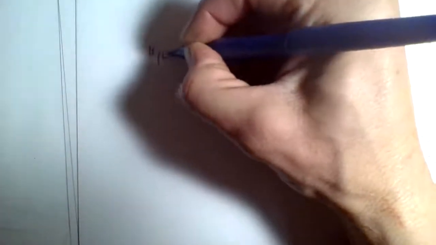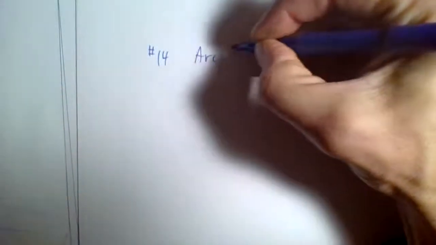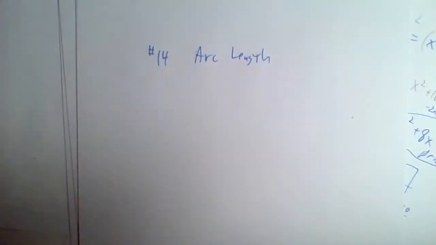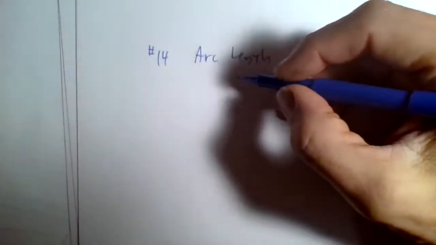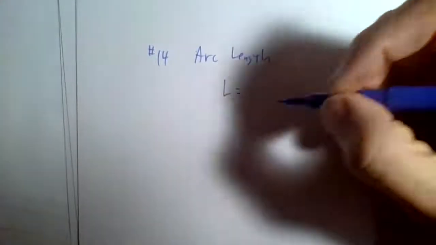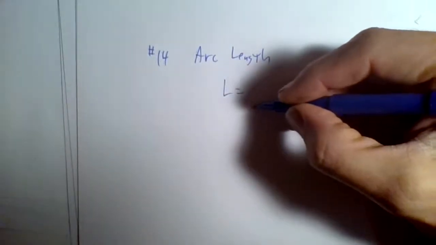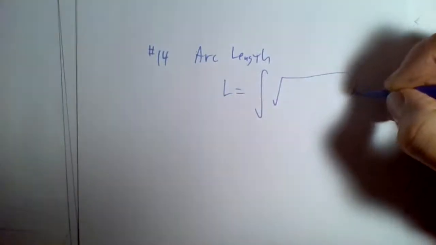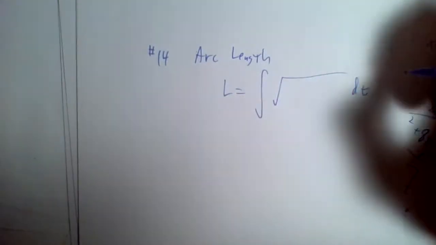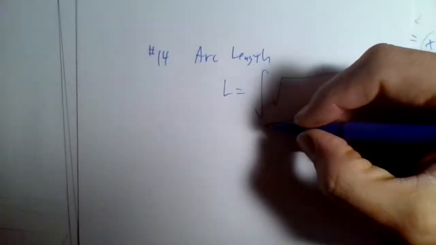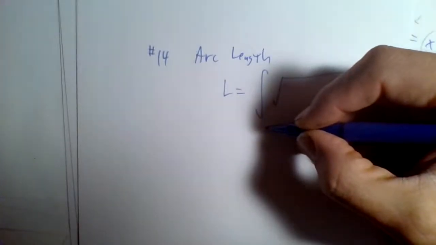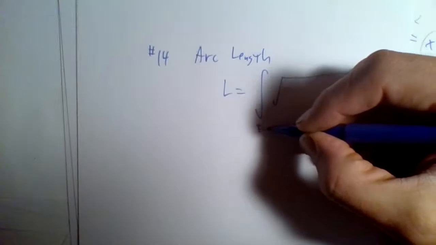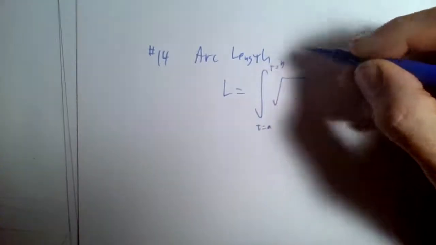While we're in parametric, one of the other topics I mentioned was arc length. We did arc length in a couple of different forms along the way, but we're only doing the parametric one here. The underlying formula is that you can integrate to get arc length in parametric, integrating with respect to t, since the parameter is usually t, from some t values a to b.